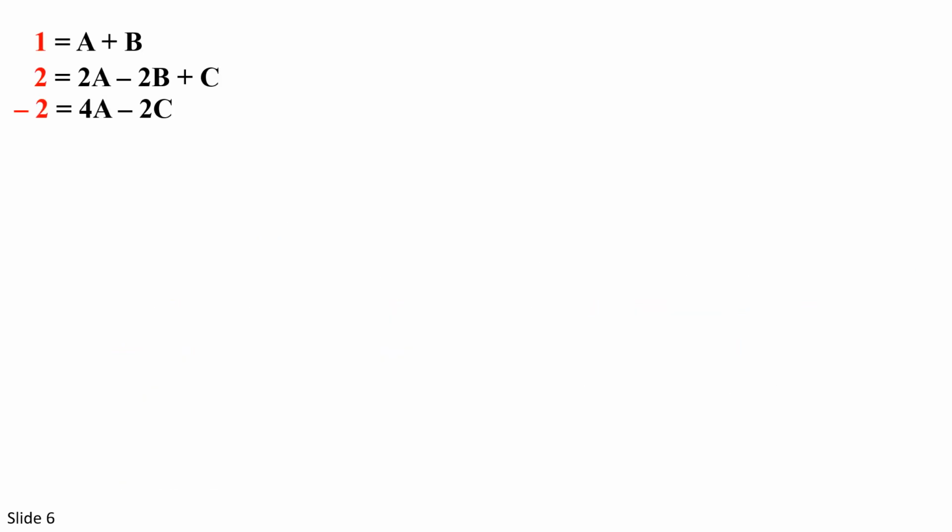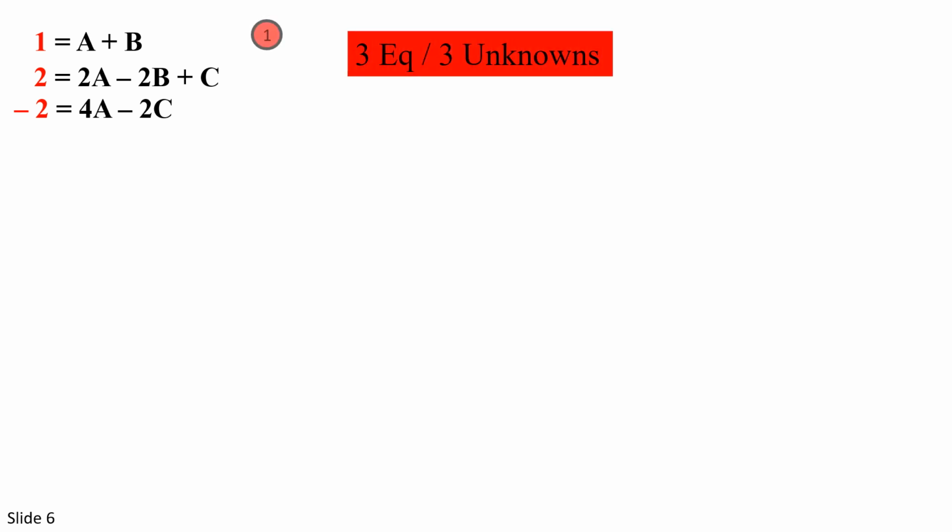So these were our three equations. The x squared was 1 equals a plus b. The x was 2 equals 2a minus 2b plus c, and the constant was negative 2 equals 4a minus 2c. Three equations, three unknowns.